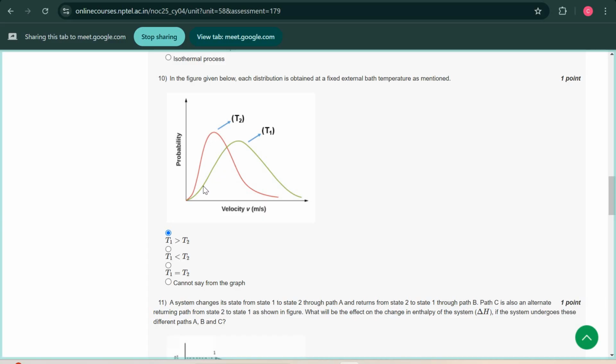Let's say you have 1,000 particles. All of them will not have the same velocity at a given temperature in a system. Some particles will have lower velocity, some higher. So it is not a single value but multiple different values. But if you take the average, you get a certain value. That distribution is given by the Maxwell-Boltzmann distribution.